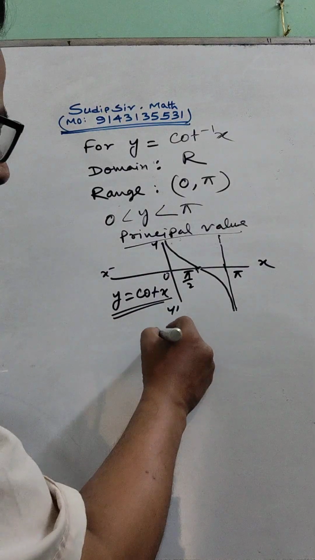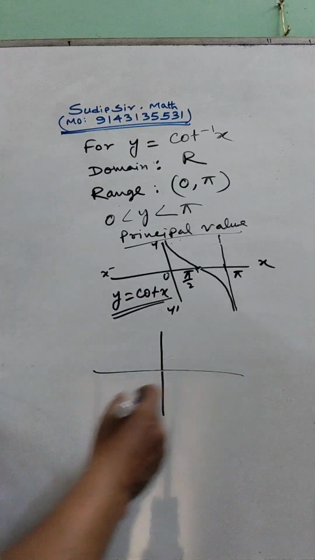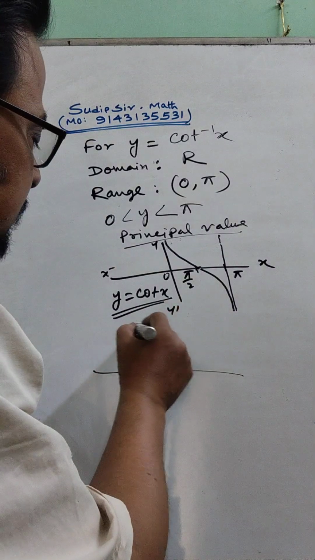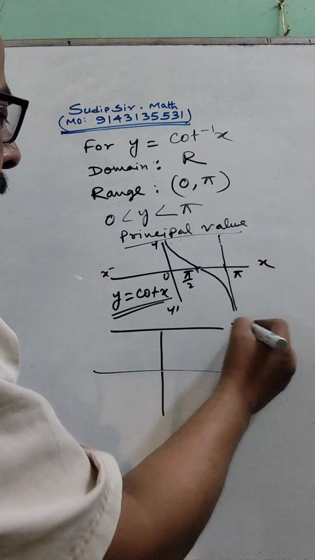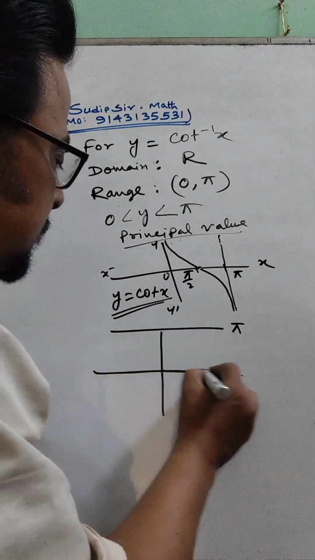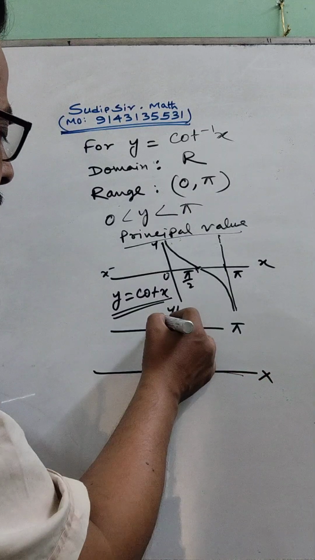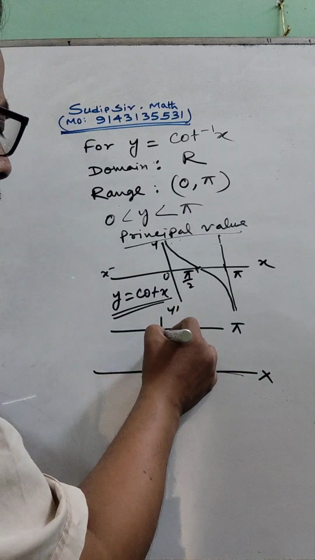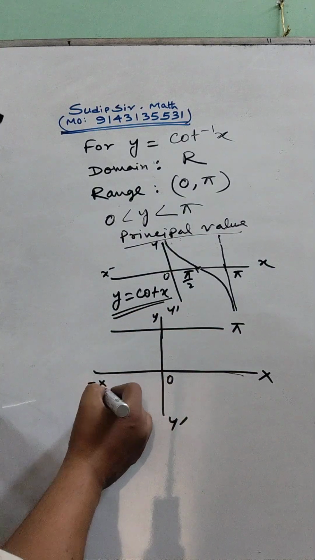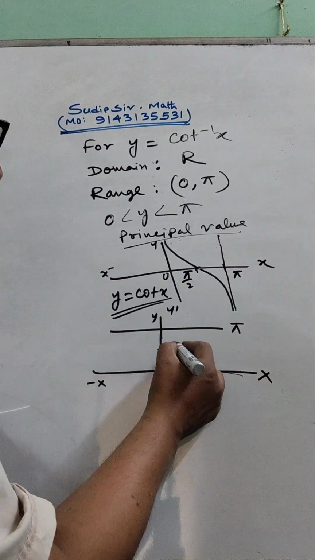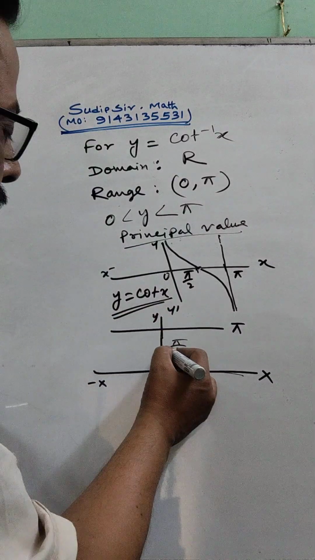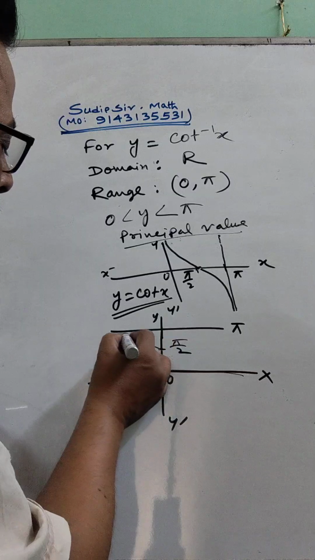And for cot inverse x, say this is pi. Okay. And this is the positive x-axis, 0, x, y, y dashed, minus x, and this is pi by 2. So this curve will be like this.